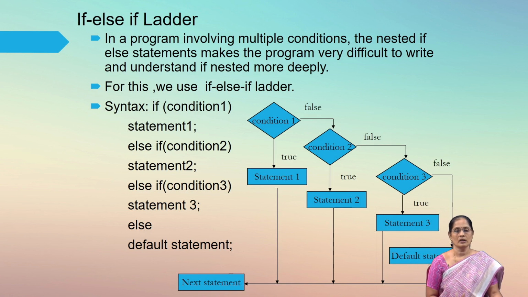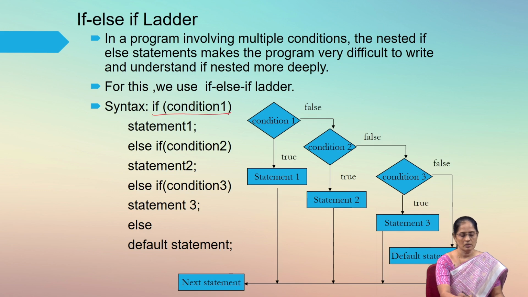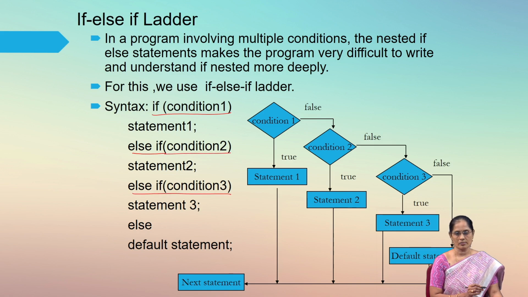So, instead we can go for a structure called the if else if ladder, wherein we check one condition: if condition 1, then statement 1 is executed. Else if is the keyword used in C language with one space. Else if condition 2, statement 2 is executed, else if condition 3, statement 3 is executed, else the default statement.